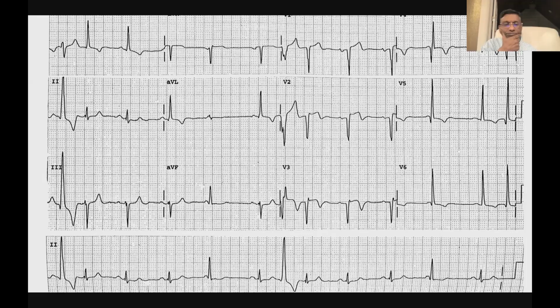Between them there are a few large QRS complexes, probably VPCs. And the axis is a normal axis, lying between I and aVL. Good. Anything else?